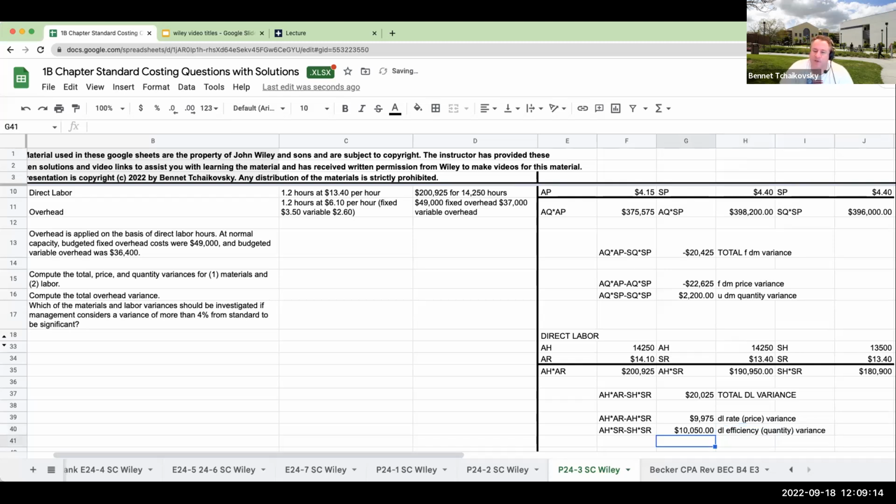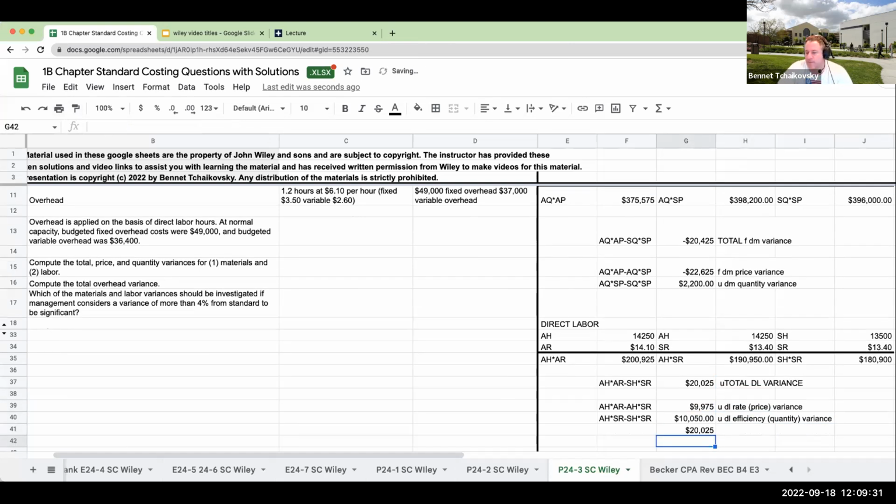And both of these are going to be unfavorable. The total variance is also unfavorable. Remember, I spent more than I should have. So when I add these two up, it equals my total amount of my variance.